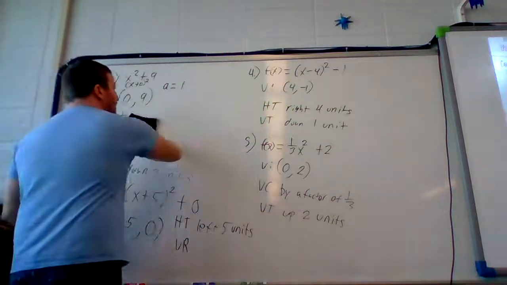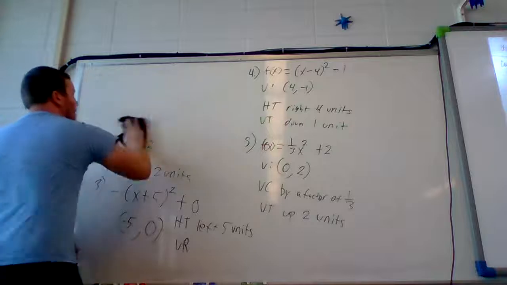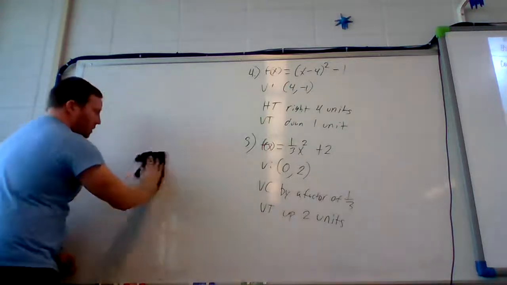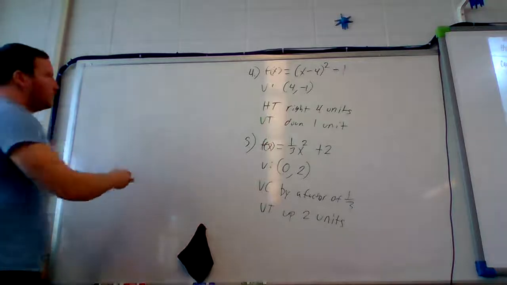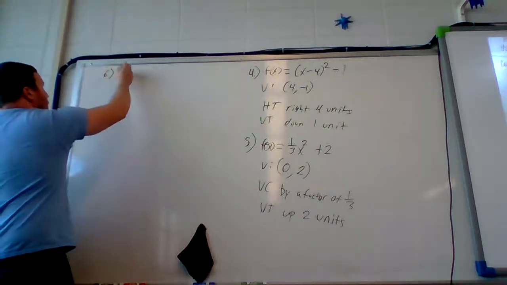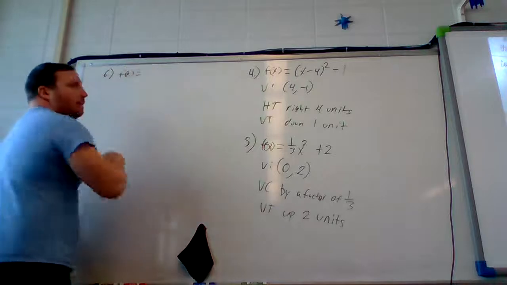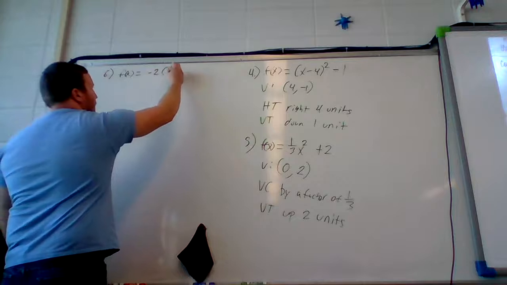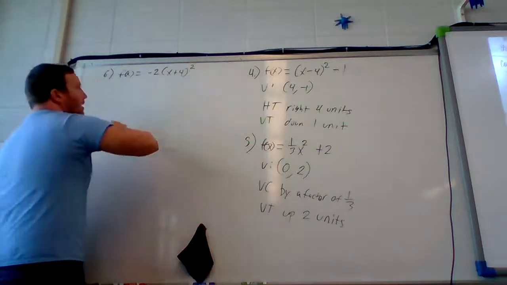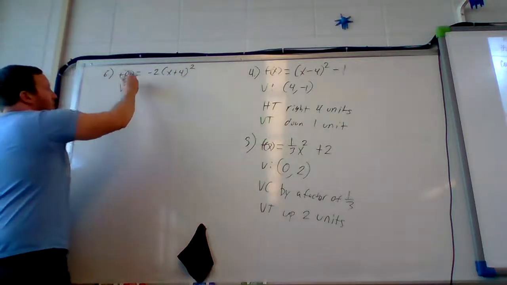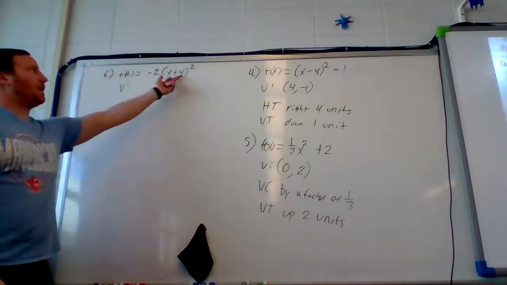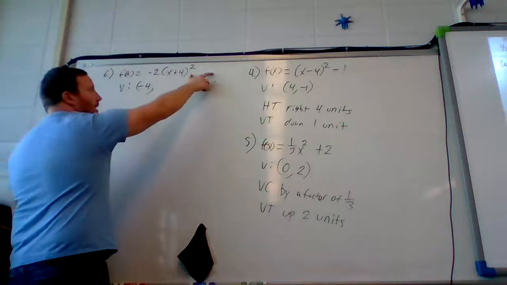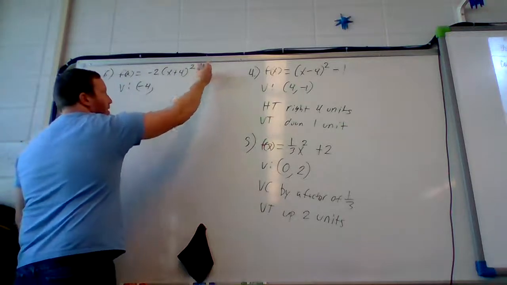And then number 6. f of x equals negative 2 times (x plus 4) quantity squared. So our vertex, again, opposite of h, so negative 4. Our k value is 0, right? It's not there.